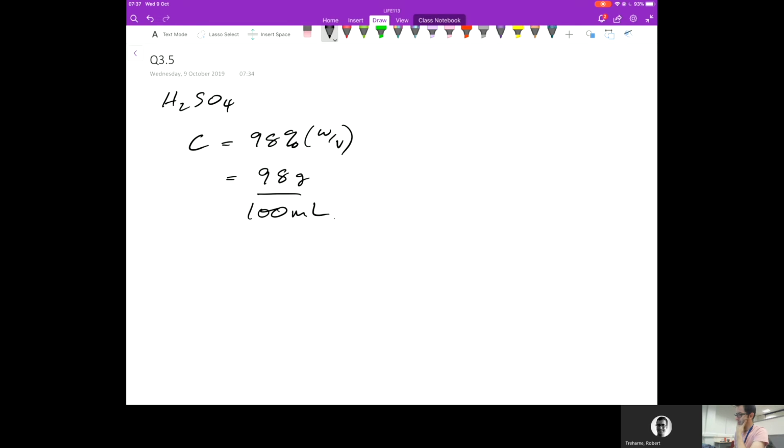I'm going to ask you to tell me how much water needs to be added to this in order to get a 0.2 solution. Right. So let's work out what this is in terms of molarity, molar concentration, right?